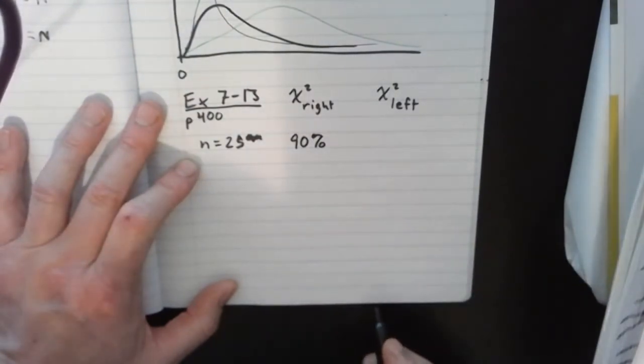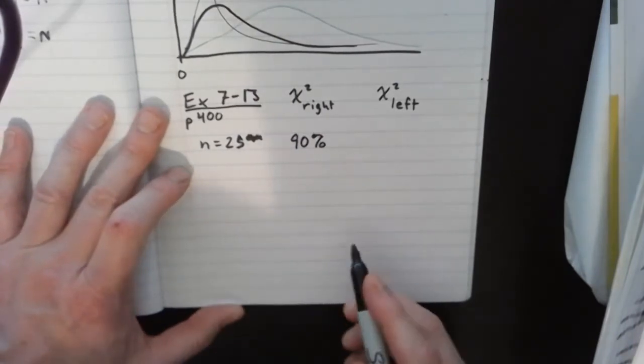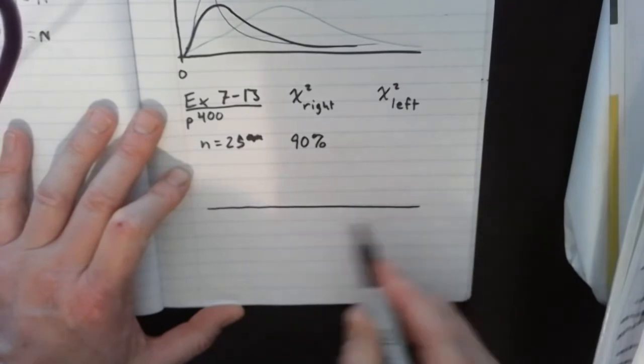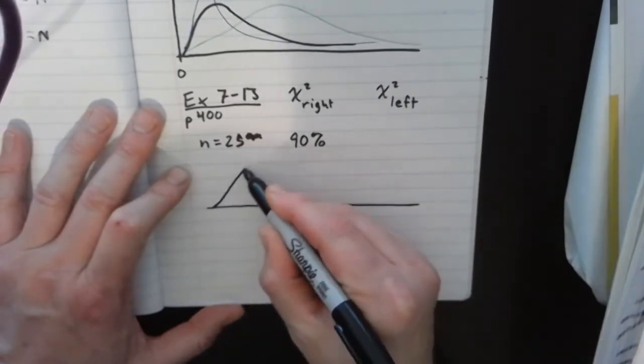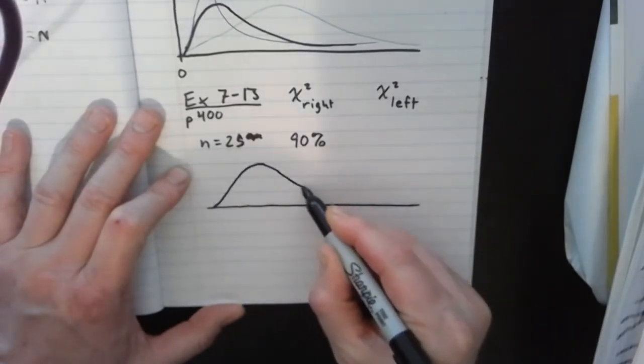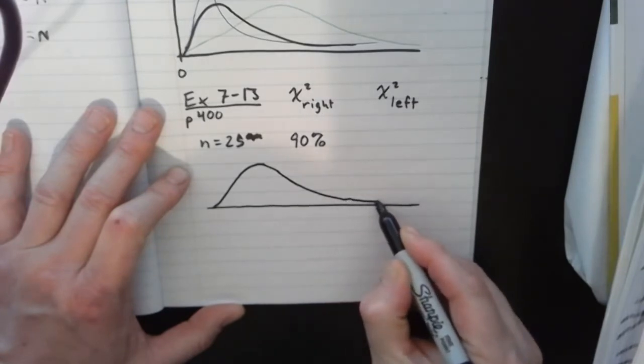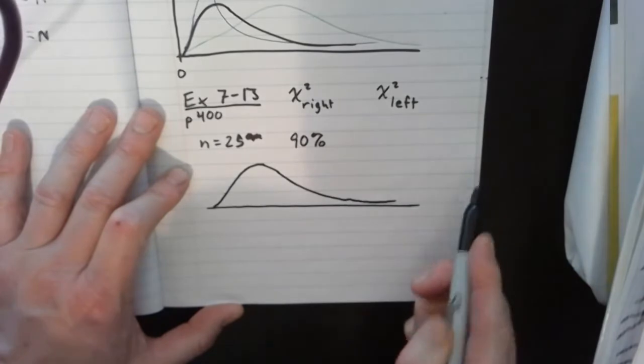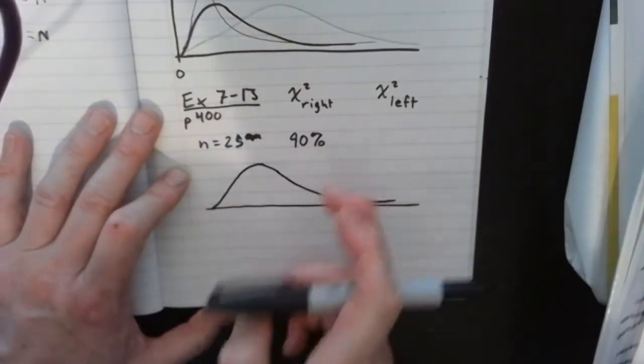All right, so the first thing I'm going to do here is sketch the distribution, and I'm going to explain a little bit about the notation. All of these are going to be skewed to the right like this. That's positively skewed.